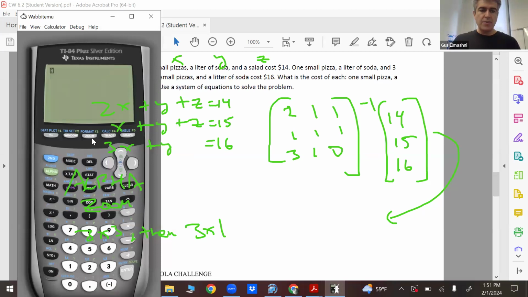So alpha zoom, a 3 by 3: 2, 1, 1, 1, 1, 1, 3, 1, raised to the negative 1 power. Alpha zoom, 3 by 1: 14, 15, 16.